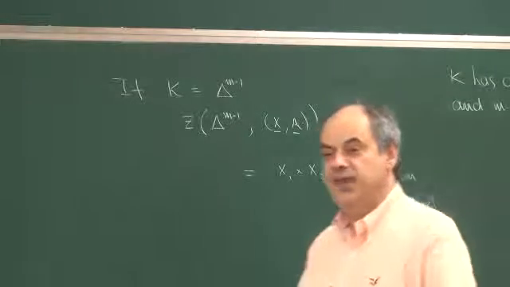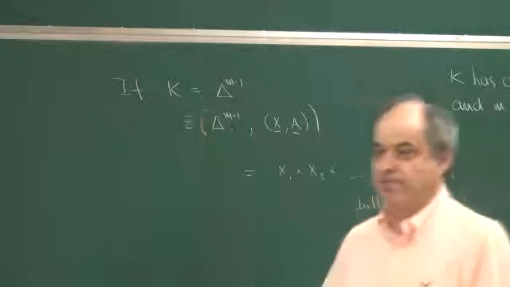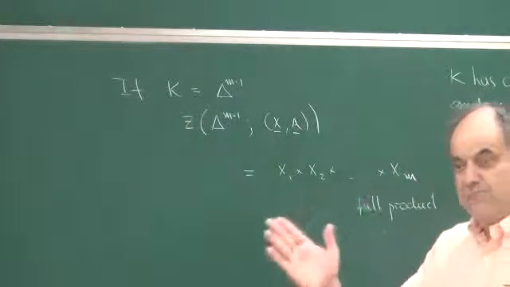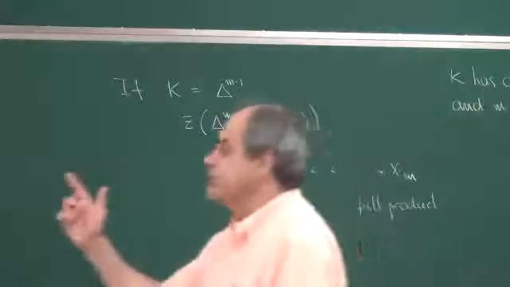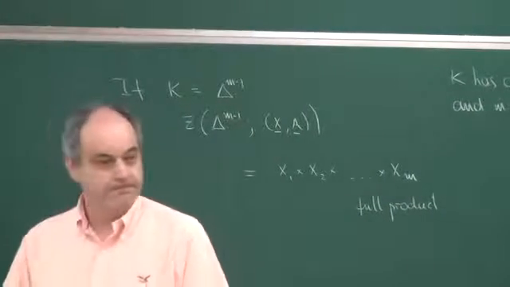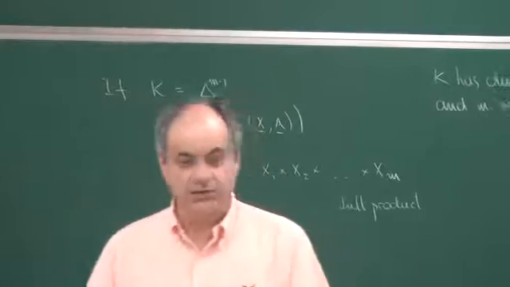So if K is a simplex, it's the full product. If K has missing faces, it's not the whole simplex, then this topological space will be part of the product, a partial product, if you like.